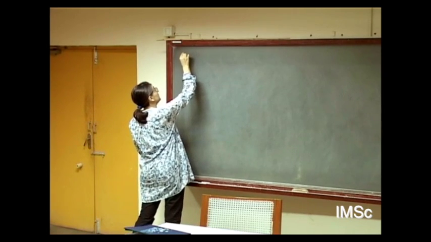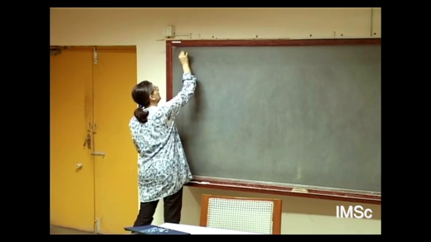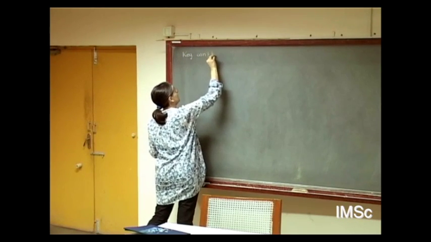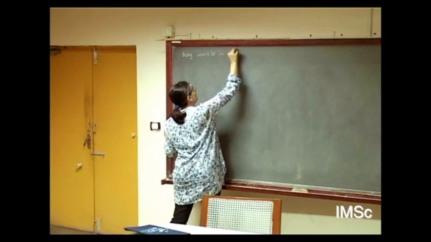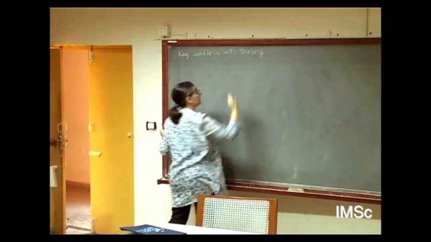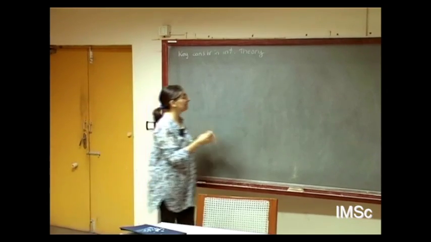So let me start by reminding you what we finished last lecture with. This could be viewed as a key construction in intersection theory, and already to define it required some patience.